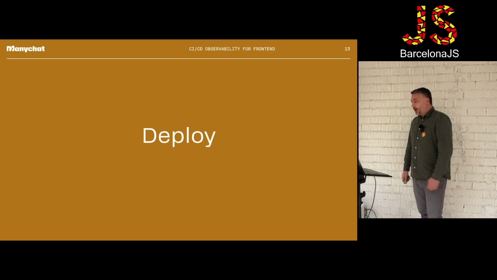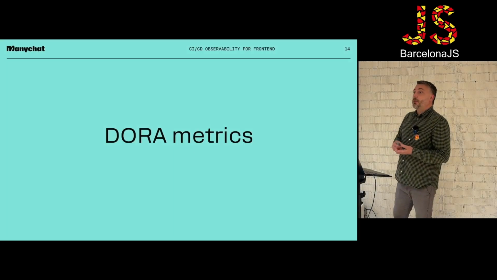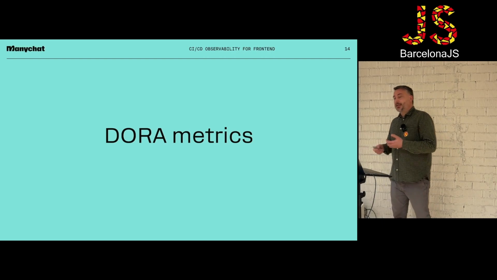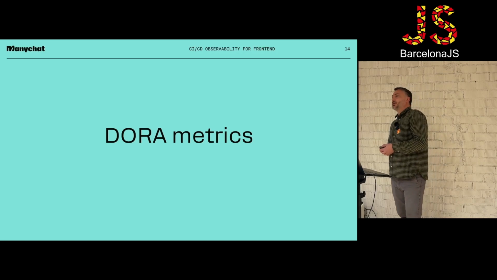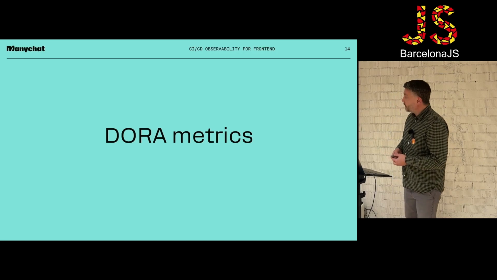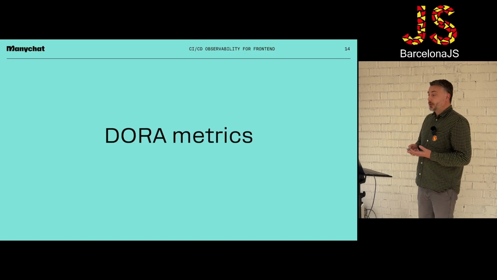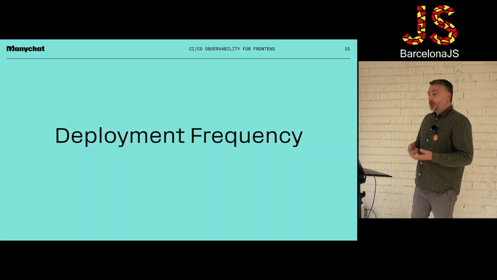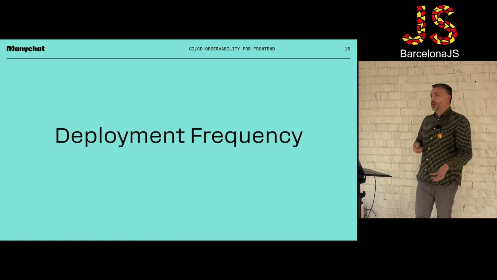When we talk about metrics of CI/CD, we should mention that there are the DORA metrics. Maybe you heard about them. DORA is the DevOps Research and Assessment team, which was founded in 2014. They are focused on 4 meaningful metrics of the CI/CD process. It's deployment frequency, how often a software team pushes to production.